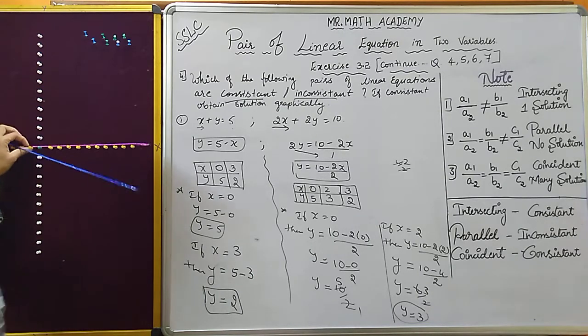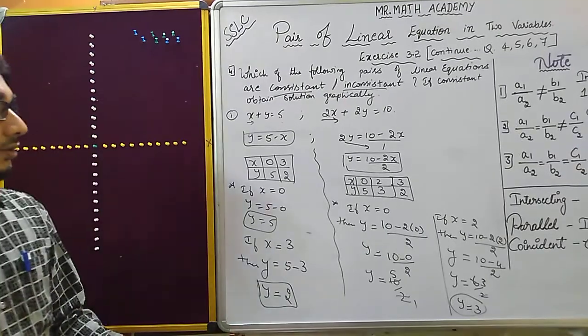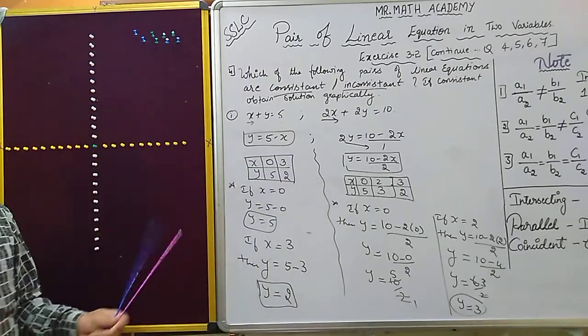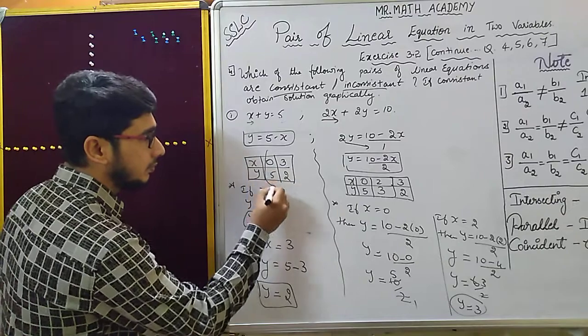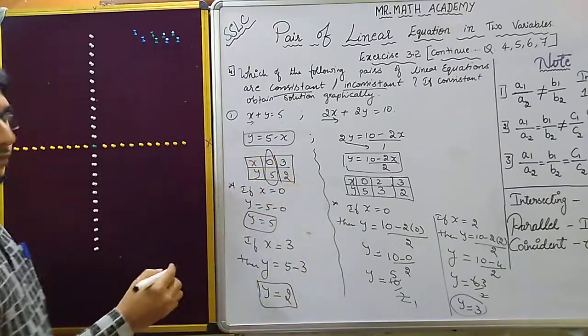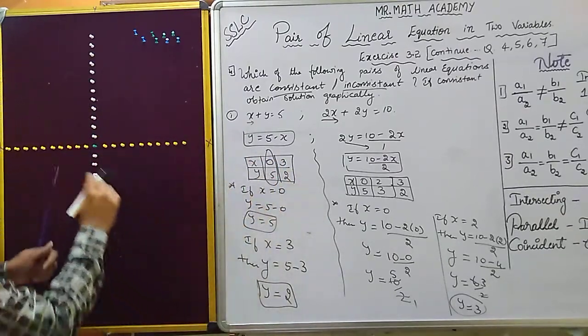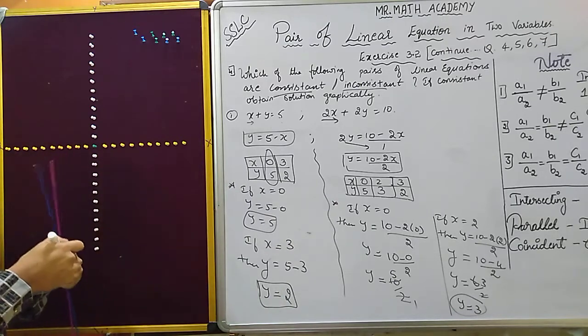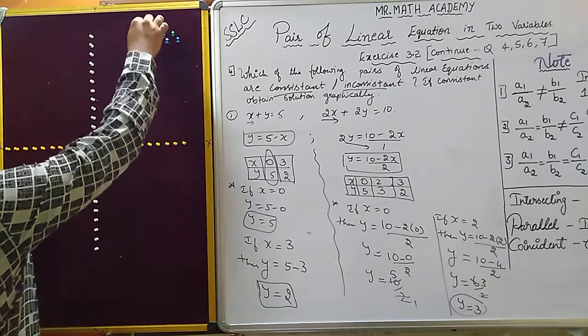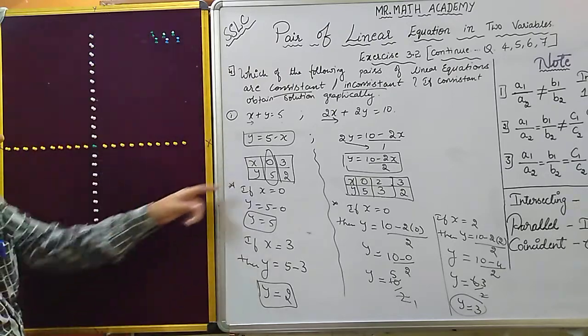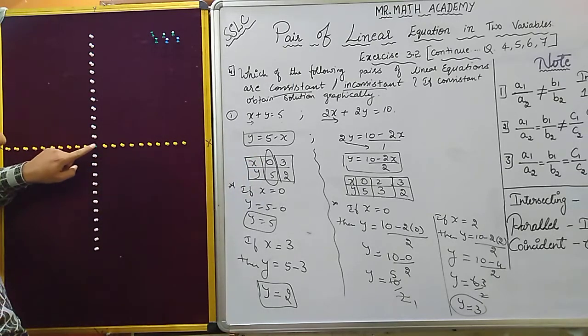Let us go to plot this equation graphically. Okay students, now these 2 points will be plotted here. Remember how to see these 2 points. For x 0, y is 5.